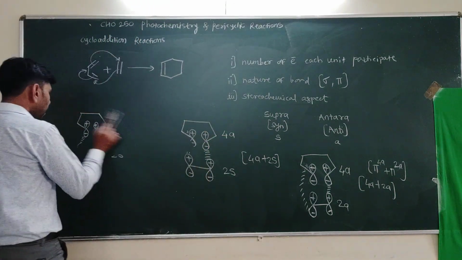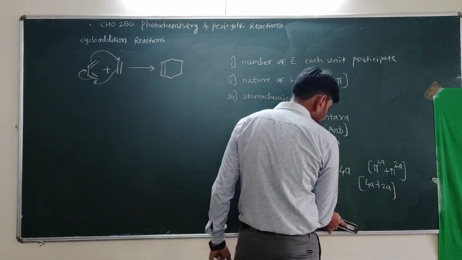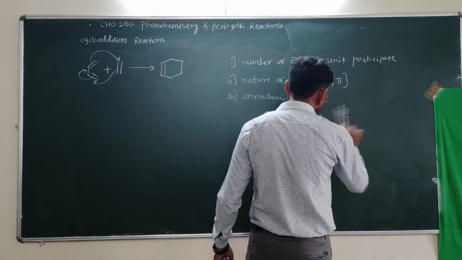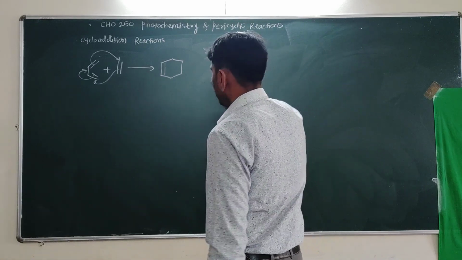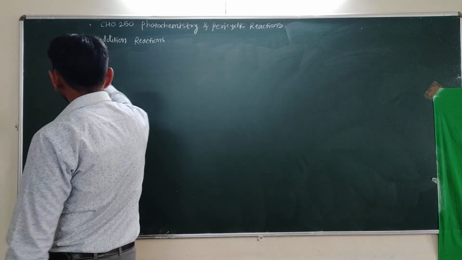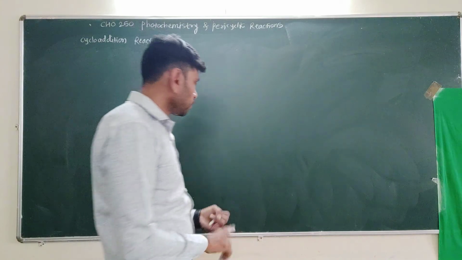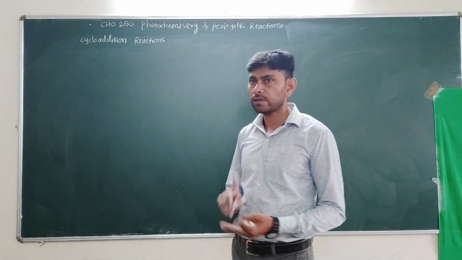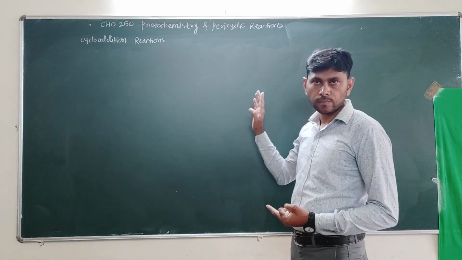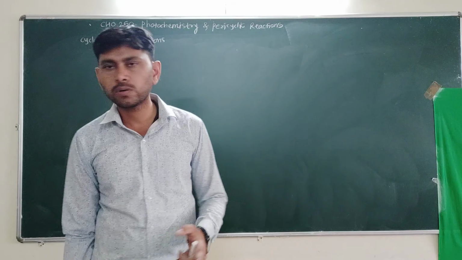Now look at the analysis of cycloaddition reaction. The analysis of cycloaddition reaction can be done by using 4 methods. These 4 methods are the frontier molecular orbital method, the correlation diagram method, then Woodward-Hoffmann rules, and the last method is the Huckel-Mobius method, HM method.